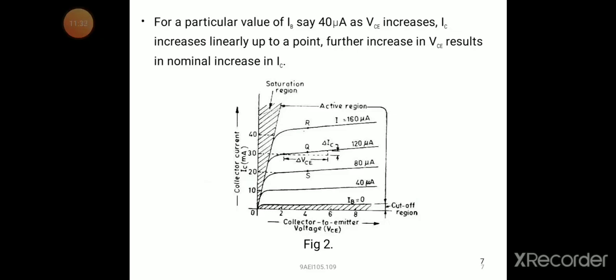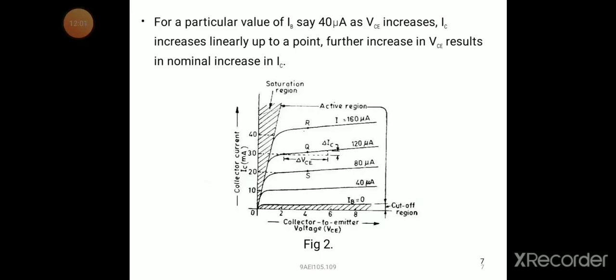At 40 microamps, the height of the collector current increases, achieving a maximum current. Next, coming to 80 microamps, if IB is 80 microamps, then the current level increases, and the curve appears across 20 milliamps.